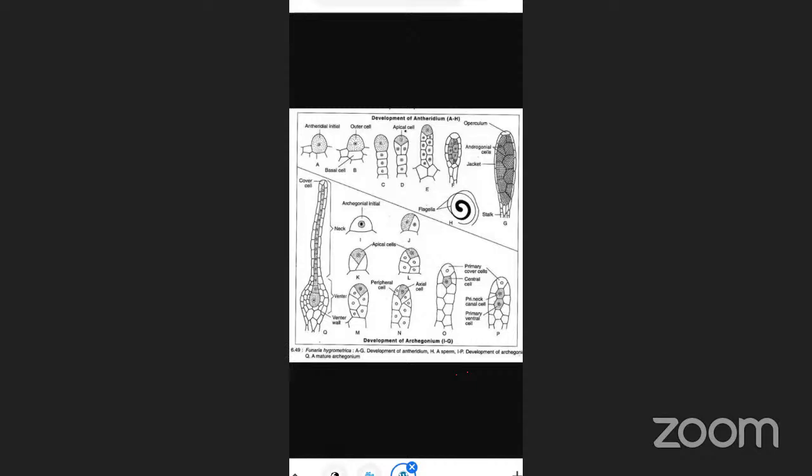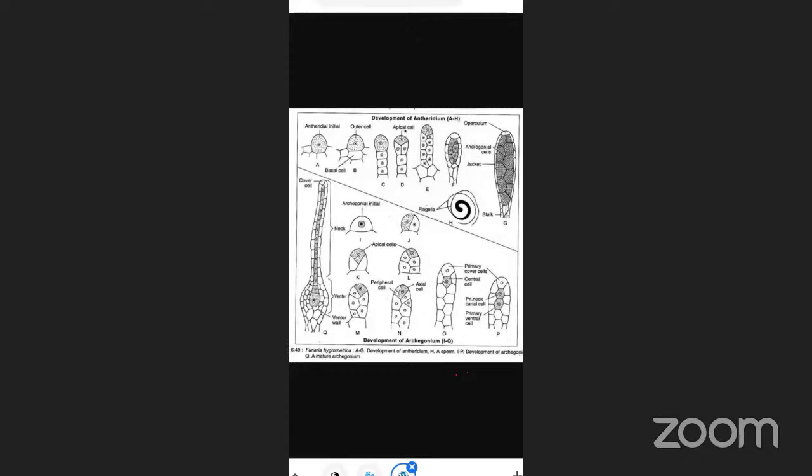Paraphyses, sterile structures, means leaf-like structures are there between the antheridia. Paraphysis is also a sterile filament-like structure. At maturity the antherozoids are liberated at the pore of the antheridium.